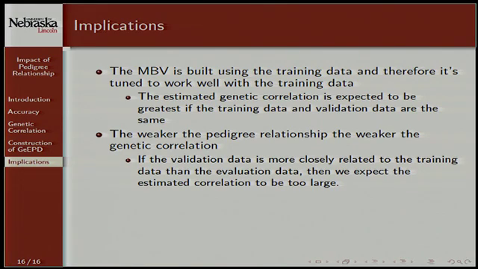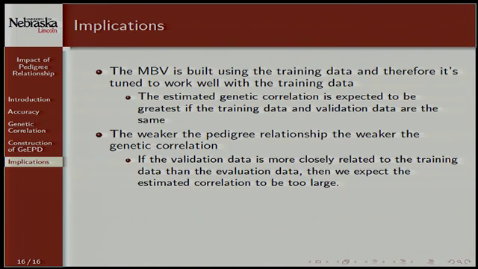As the pedigree relationship becomes greater between the populations, we expect to find weaker and weaker genetic correlations. Allison pointed that out. It's not surprising that as she moves farther away, we see a general tendency for that genetic correlation to drop.